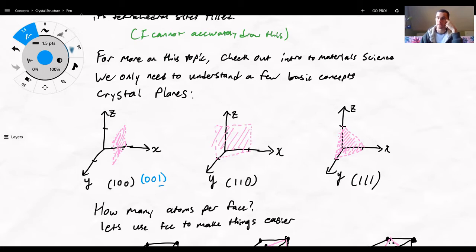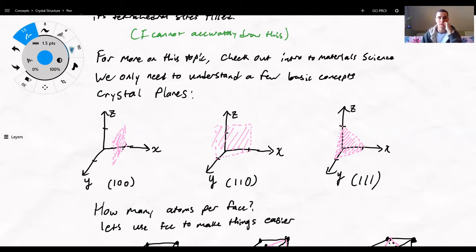Because it would intersect only in the Z, not in X or the Y. But together, we would call that a family. A plane that only intersects with X, only intersects with Z, or only intersects with Y, we're going to call that the 1, 0, 0 family of planes. So that's what those different brackets mean.